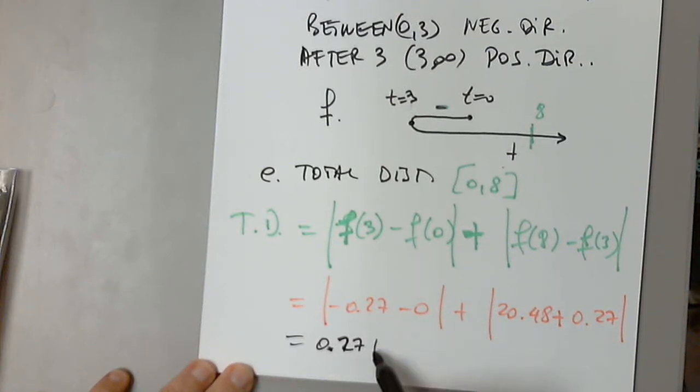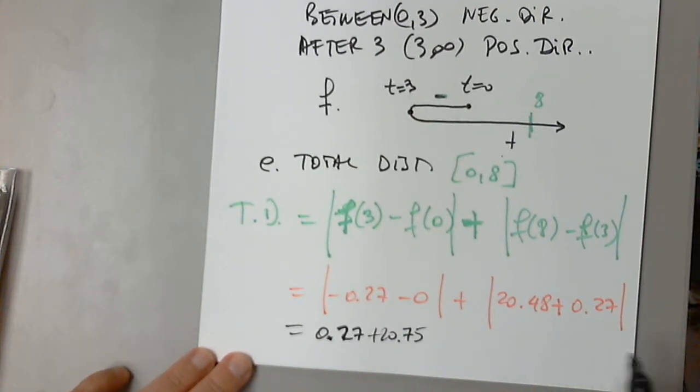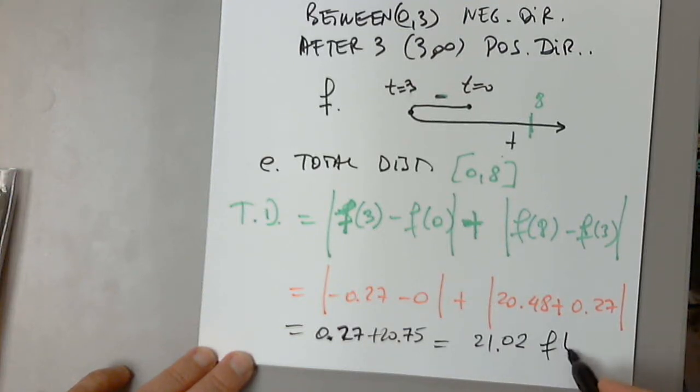And here I have plus, they're both positive. Please correct me if I'm wrong. So this will be 21.02 feet. So between second 0 and second 8, the particle goes this way 0.27 of a foot, and then that way 20.75.